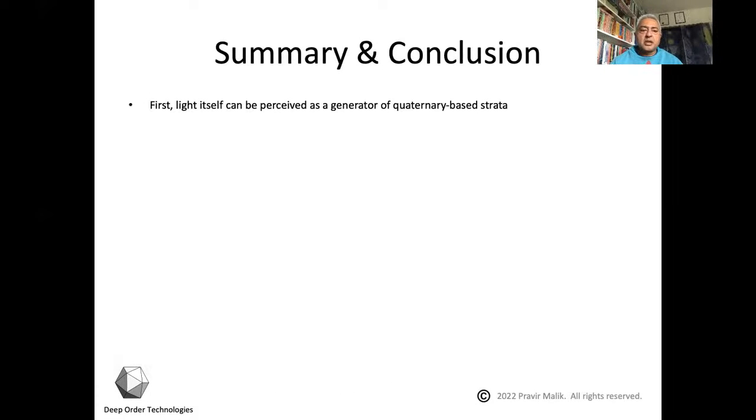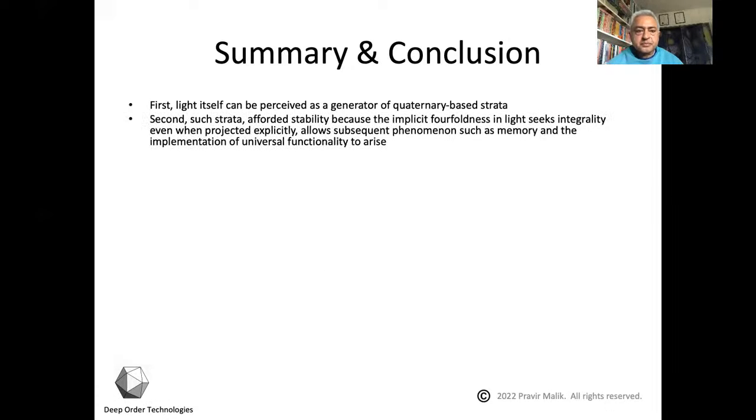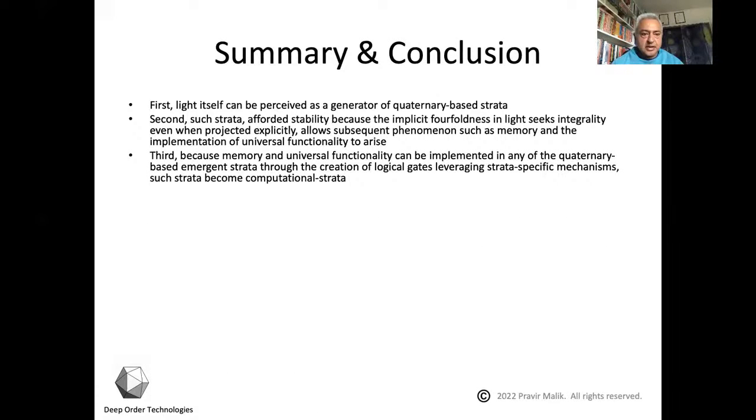So coming to summary and conclusion, light itself can be perceived as a generator of quaternary-based strata. This strata is afforded stability, just summarizing, because the implicit fourfoldness in light seeks integrality when projected explicitly, and so long as a particular strata allows that integrality to exist, which we saw in the case of the electromagnetic spectrum, quantum particles, atoms, and cells, then you have the basis of computational strata that can be created due to the actions of memory, logical gates, and universal functionality.